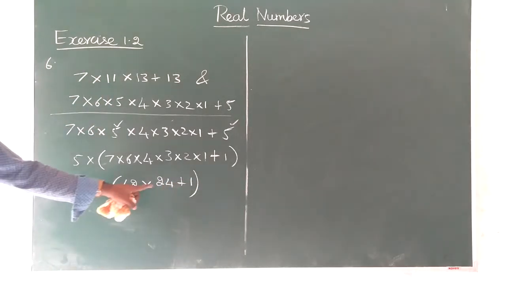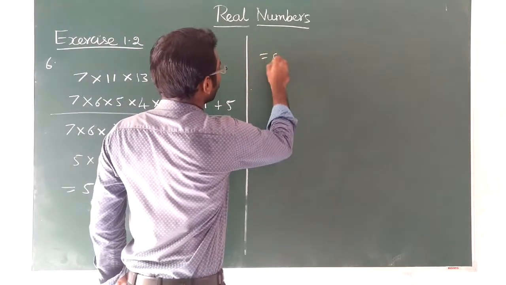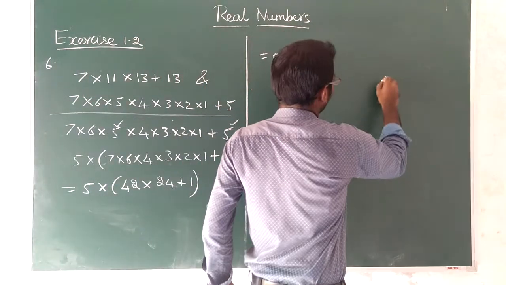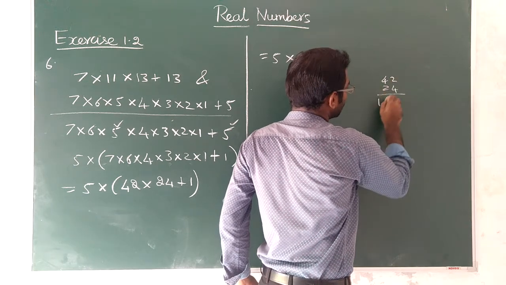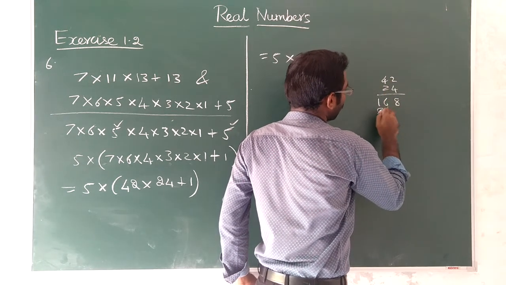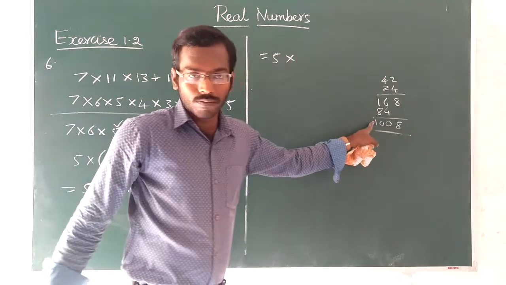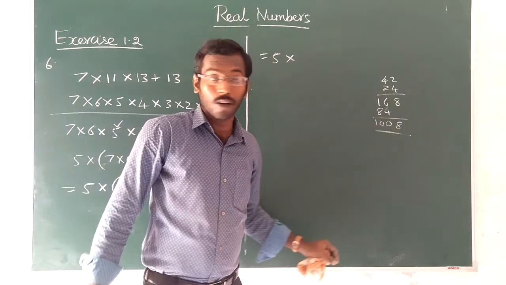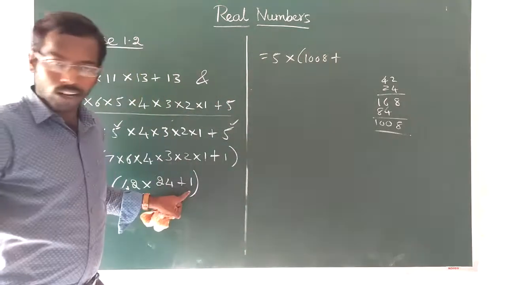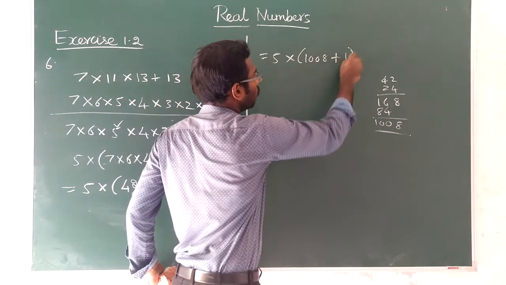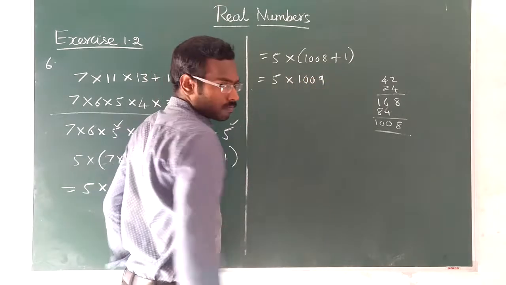So 42 into 24 plus 1, that is equal to 5 into 42 into 24. How much? 16 4s are 8, so 1008. 42 into 24 is 1008. So 1008 plus, here one is there, 1008 plus 1, that is equal to 5 into 1009.